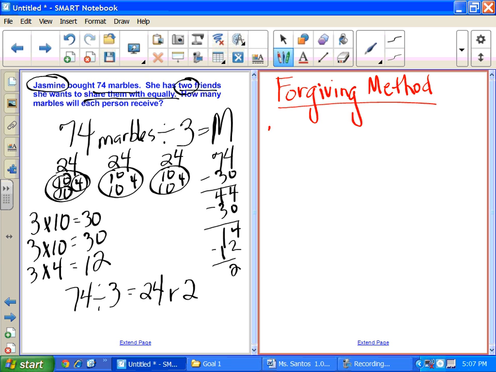So let's take the same problem, 74 divided by 3, the 74 marbles divided among the 3. If you remember, I also told you that we could write that sentence like this, 74 divided by 3.